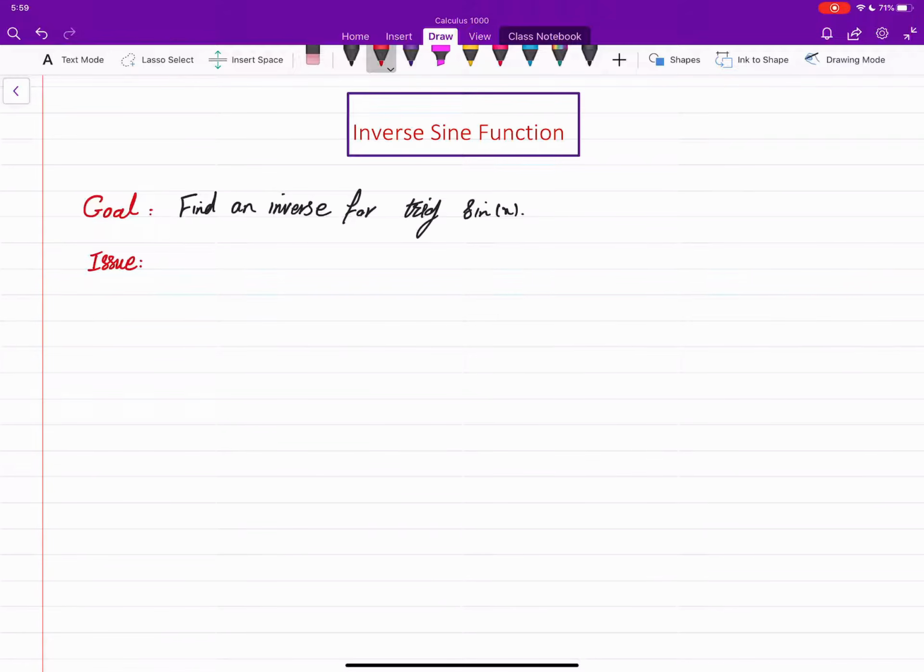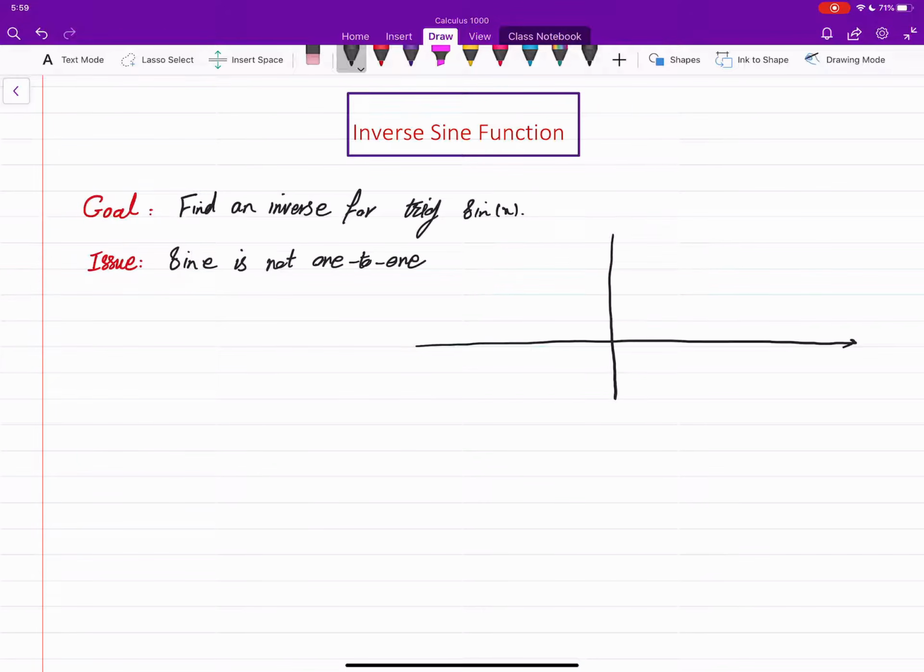Sine x is not one-to-one. Why is that so? Because I can sketch the graph of sine x. It goes something like this, then goes down, and then repeats itself.